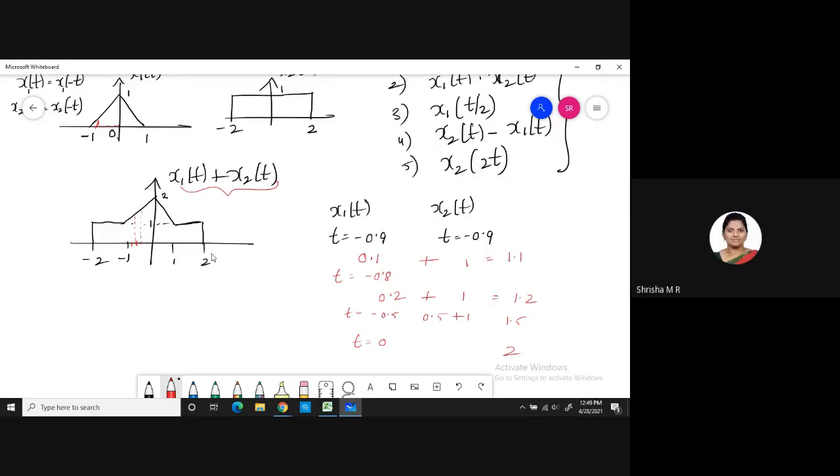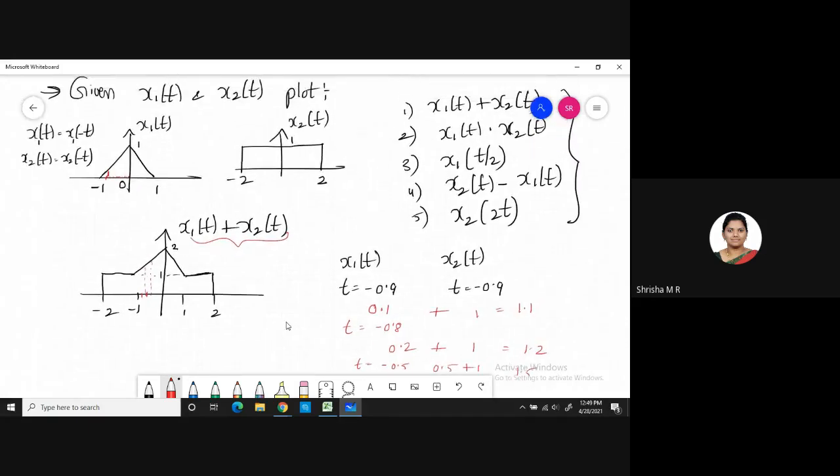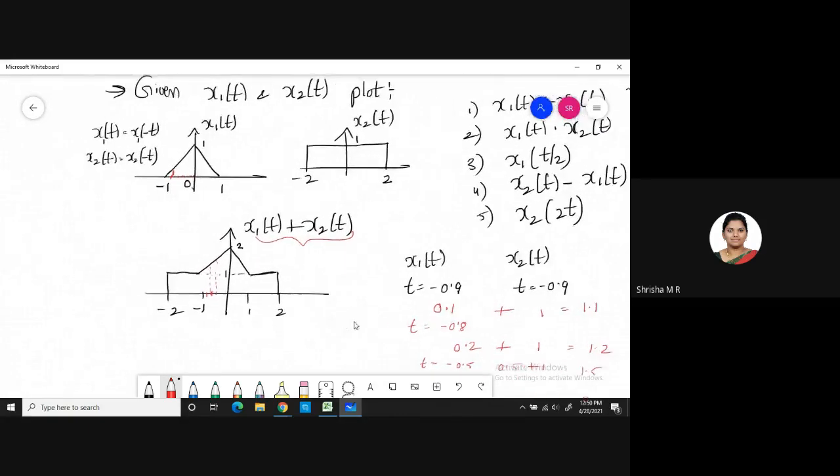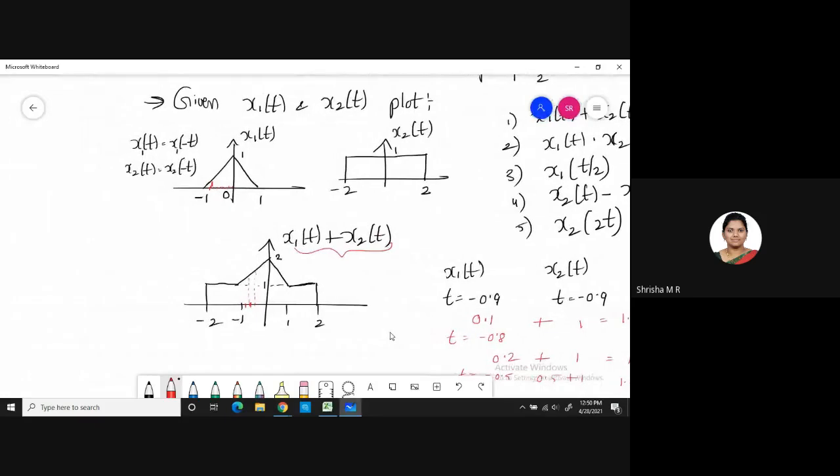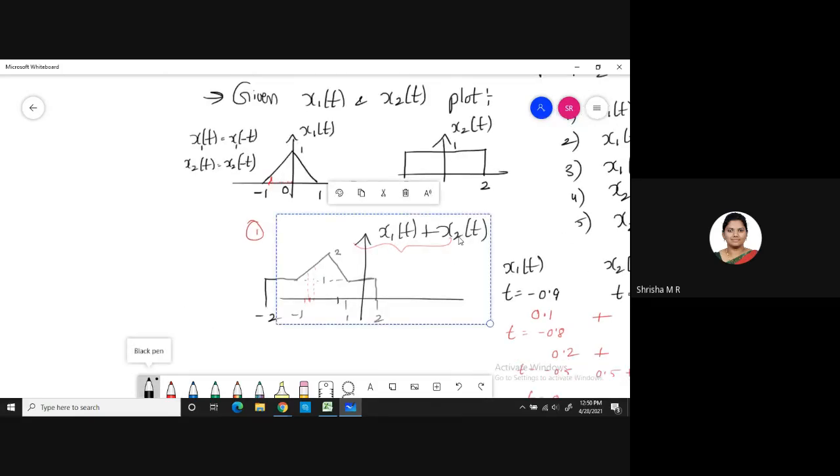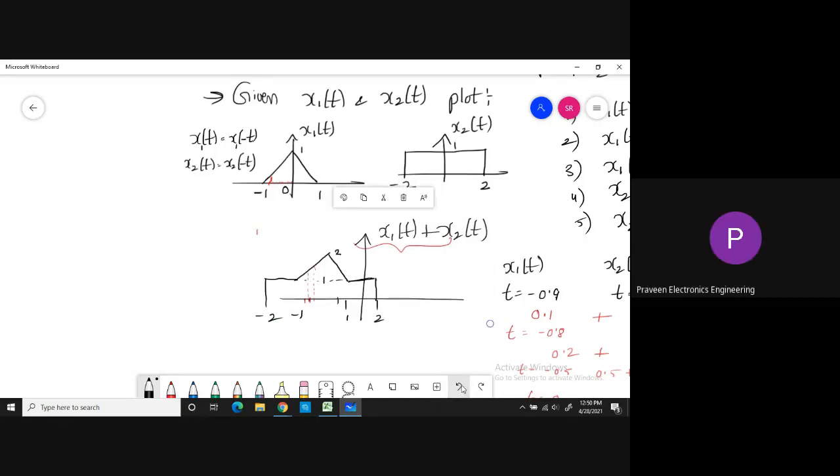So what is the next one? They have asked you x1 of t into x2 of t. You have to multiply. Okay, so multiplication of signals. This is the first one, and the second one is multiplication, x1 of t into x2 of t. Ma'am, we will get x1 of t only, right, ma'am?